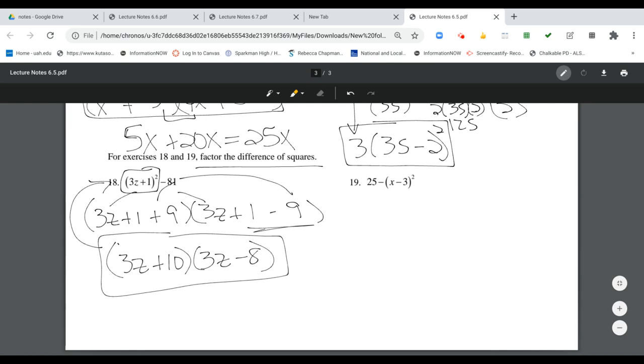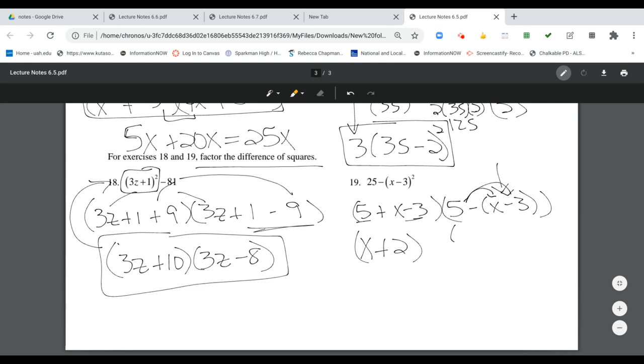Same thing with number 25. I can break that 25 up to 5 and 5. I need 1 plus x minus 3, and I need 1 minus x minus 3. Now notice I put this one in parentheses because I'm going to have to distribute that negative to that group. So I get x plus 2 here, 5 and negative 3 add up to 2.